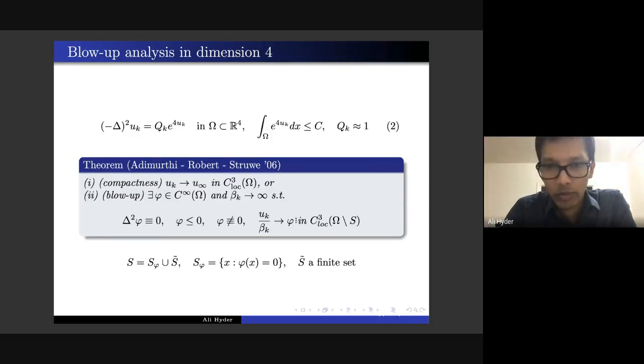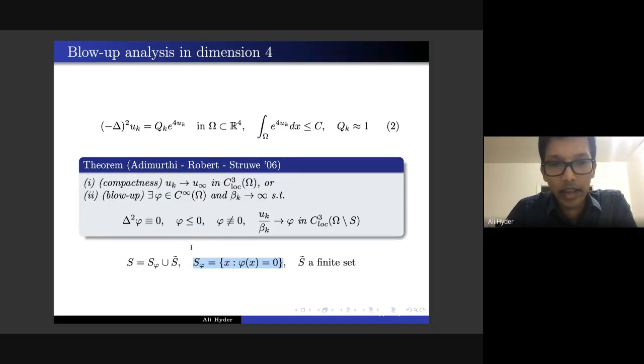About this convergence, it holds in Omega minus a set S, and this set S has two parts. It is a union of two parts, S tilde and S_phi. The S tilde part is finite, like before, but there is an additional one, the zero set of this function phi.